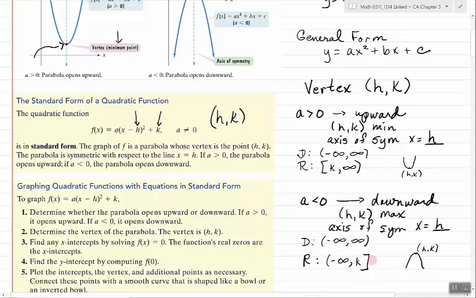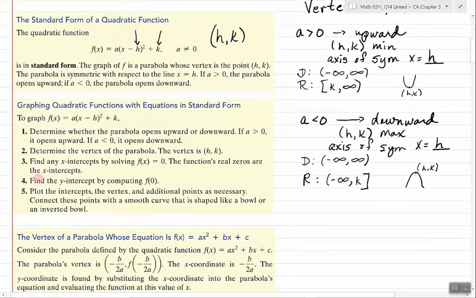The other thing that I want to mention is the y-intercept. It does not matter what form it's in, whether it's opening up or opening down, the y-intercept can be found the same way.